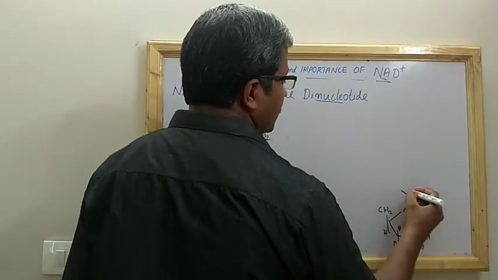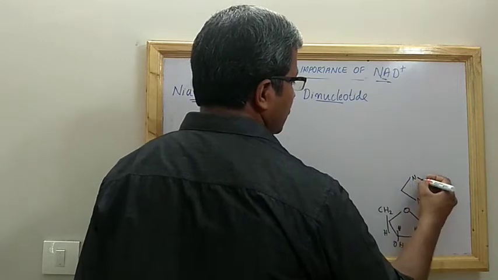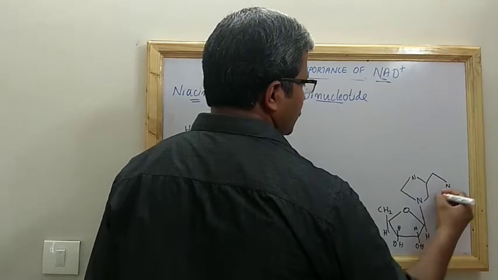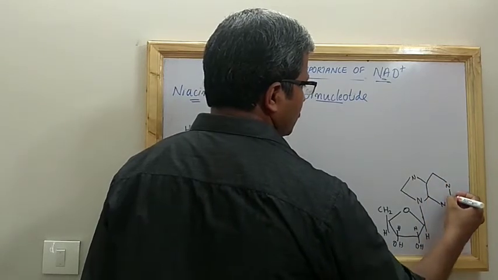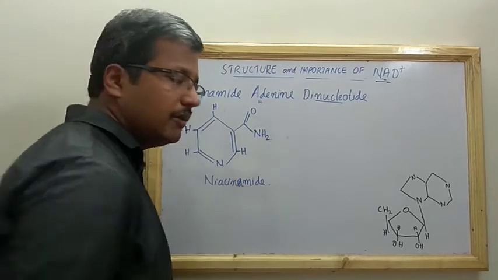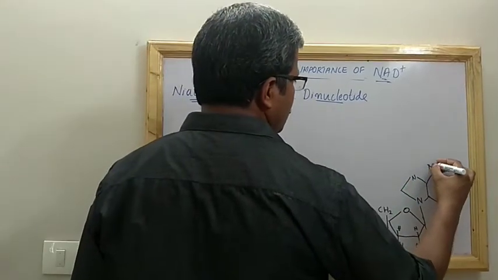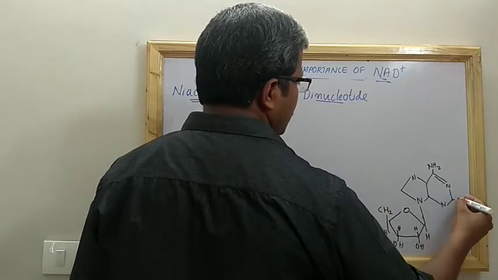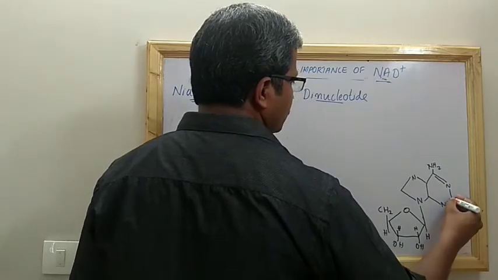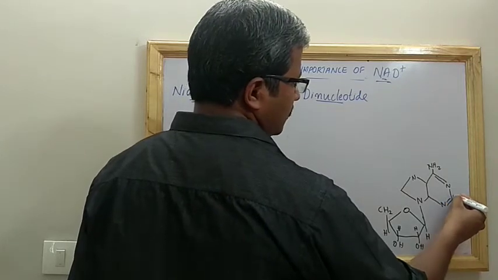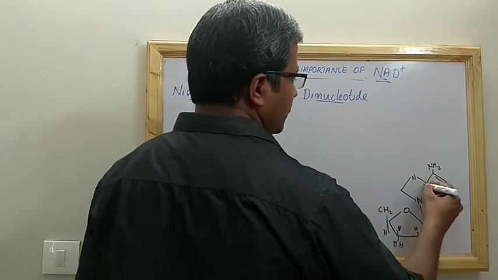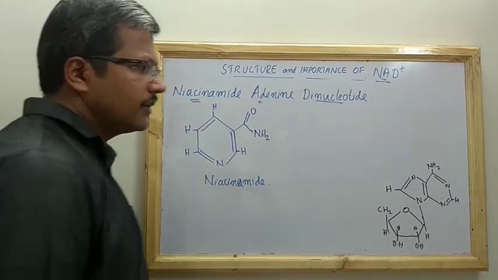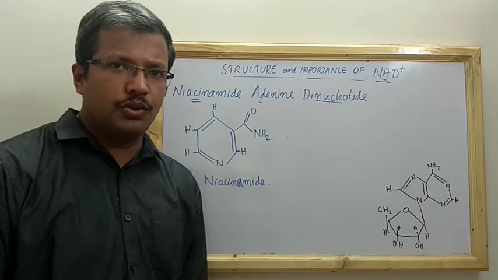Nitrogen again, and it will be linked, nitrogen, and we know that adenine contains amino group on top, and therefore NH2, double bond, then here hydrogen, again 1, 2, 3, double bond here, and double bond here, H. So that is the adenosine nucleoside.